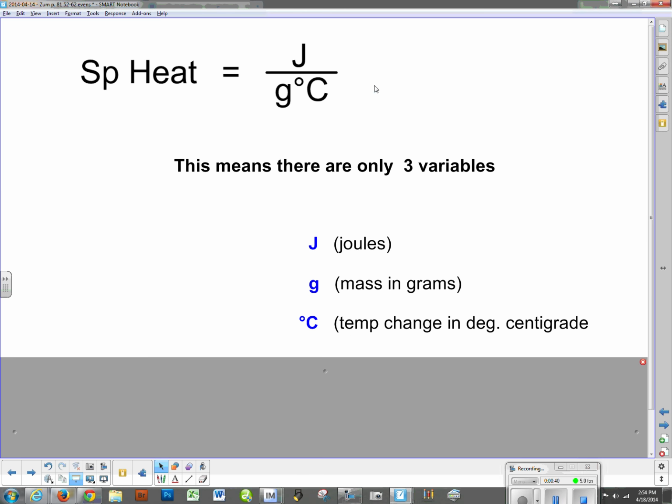Next, specific heat is simply 3 units of measure. Let's try water, because water is very familiar to all of us.